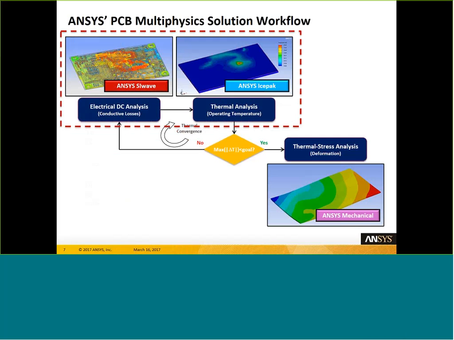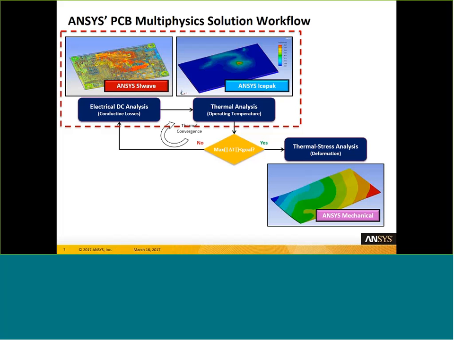This will give you conductive losses in the board and a very detailed picture of those conductive losses, layer by layer and spatially varying at each layer. These conductive losses are then transferred into ANSYS ICEPACK, where a thermal analysis can be performed based on those losses. The result of this is a temperature map in the board.